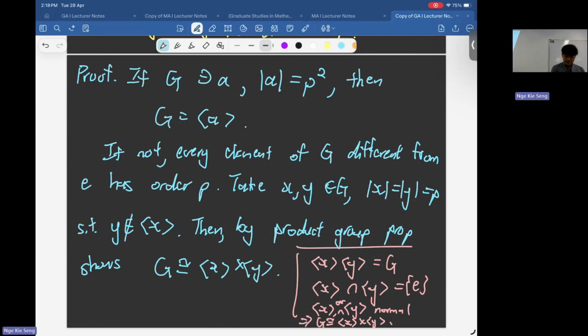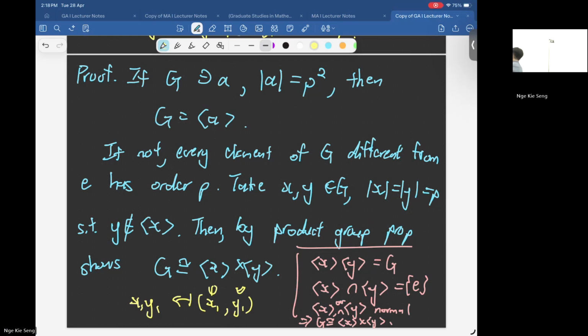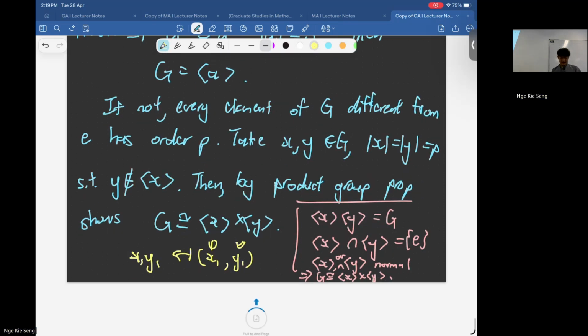Maybe I can write down this isomorphism for you, but you need to verify it. So let's say here is (x1, y1), and the map here is just x1 times y1. This is the isomorphism. The image here is the product in the group. You can get everything like this.